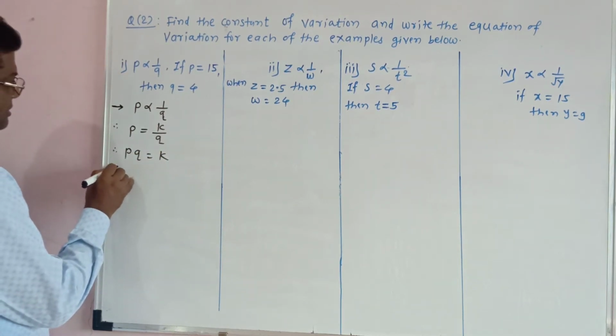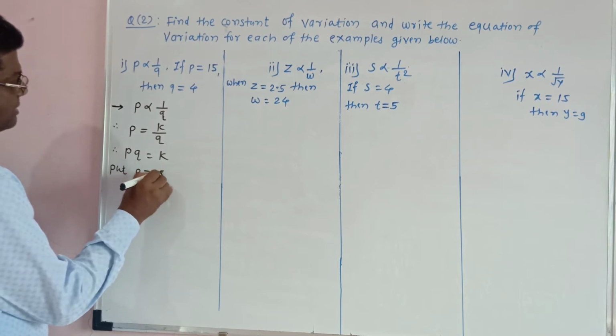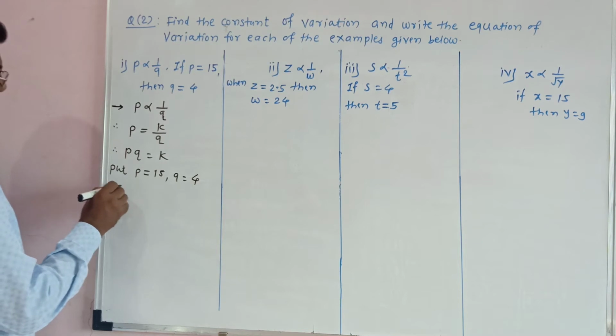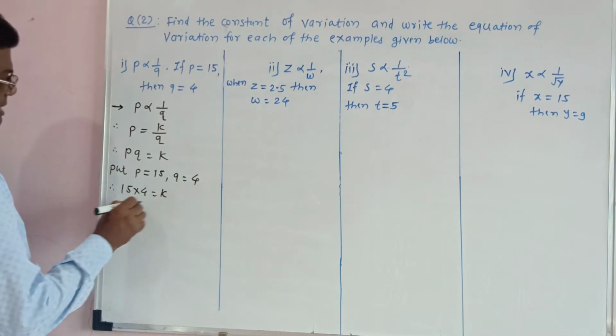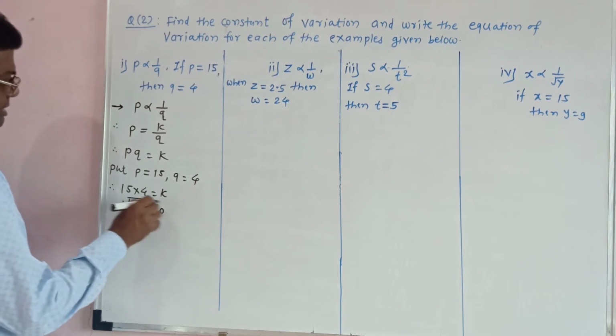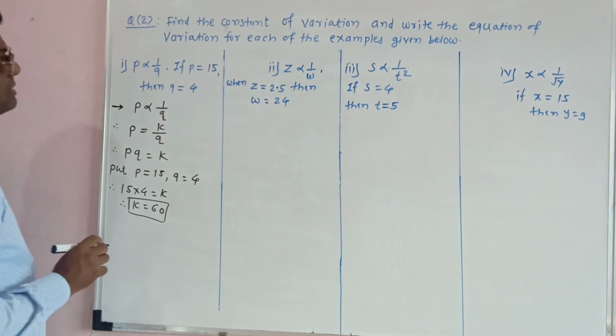Now put P is equal to 15, Q is equal to 4. Therefore, 15 into 4 is equal to K. Therefore, K is equal to 60. Therefore, the constant of proportionality is 60.